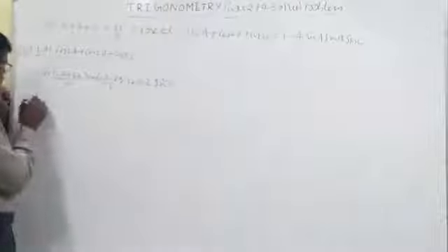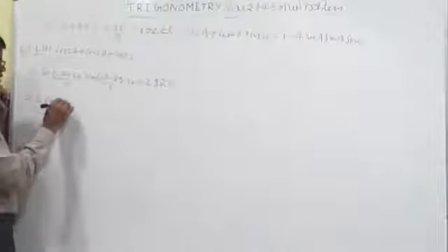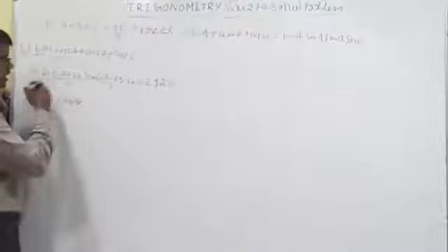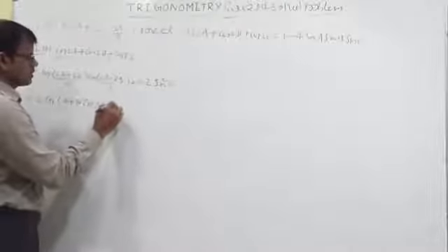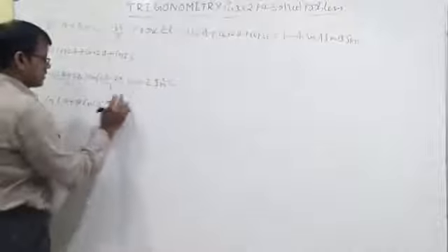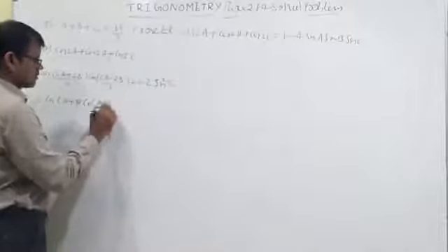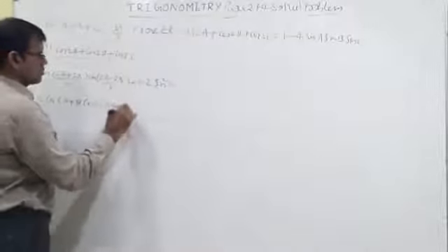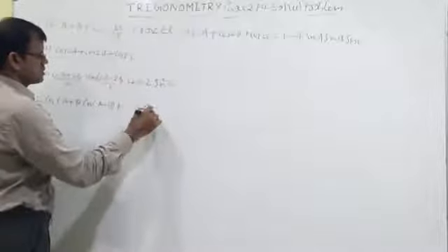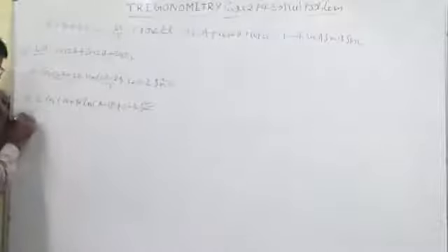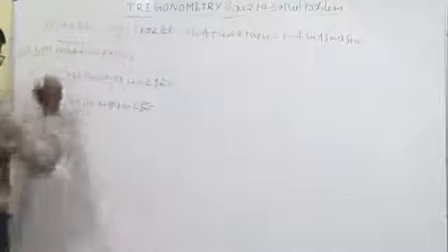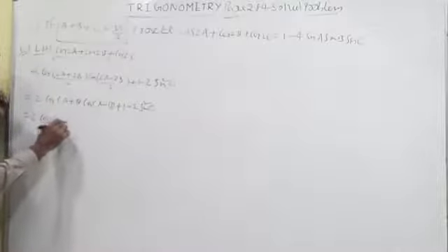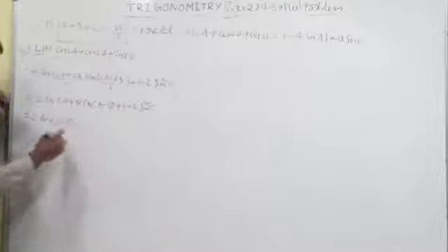That is equal to, next step, you can write 2 cos of A plus B, I mean 2 taken common and cancelled, into cos of A minus B, plus 1 minus 2 sin square C. Here he has given A plus B plus C is equal to 3 pi by 2, meaning 270 degrees.